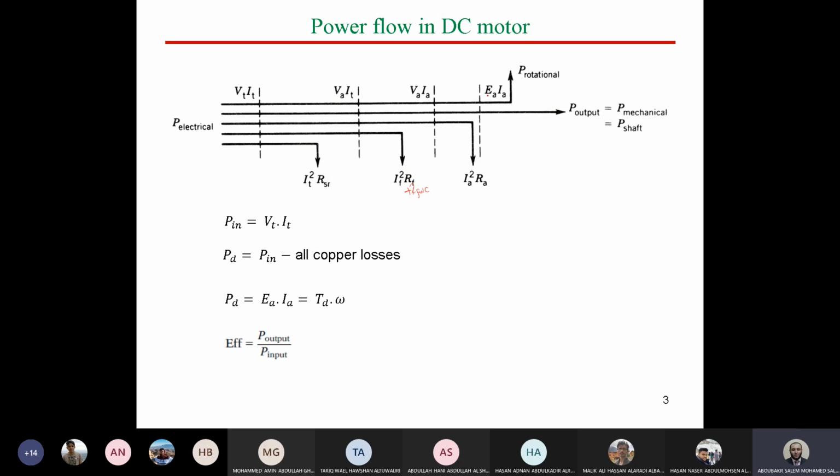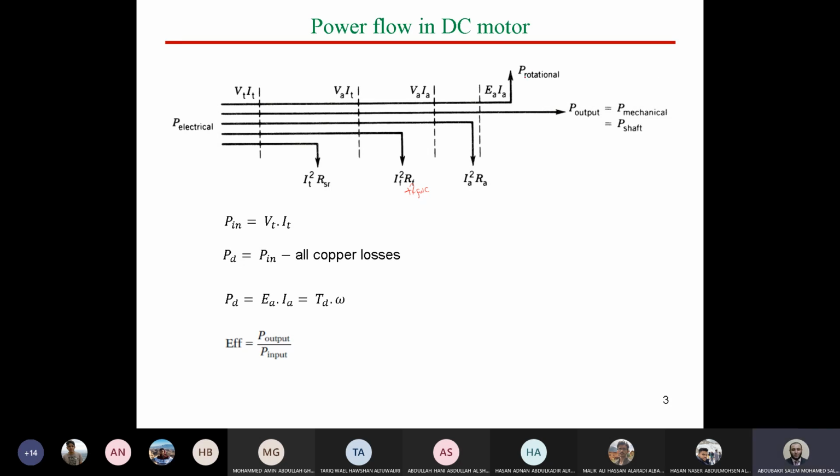So we will just refresh your knowledge about the important relations, the important schemes and power flow for different motors, in order to start immediately in the important part of our course, which is the control and braking of machines.